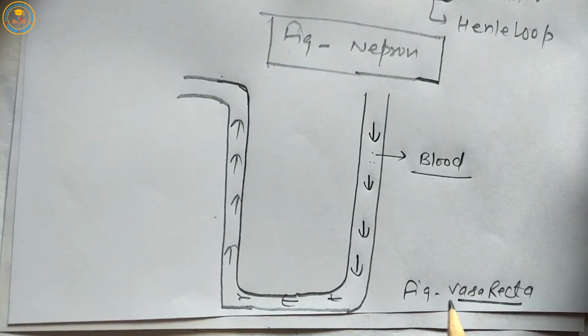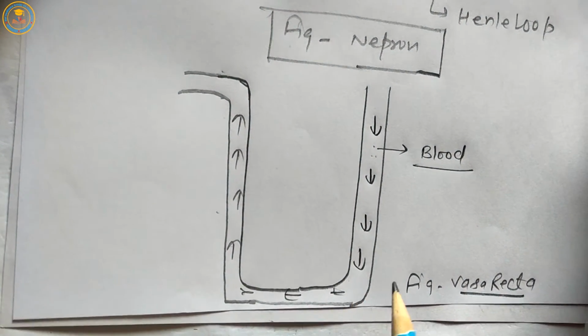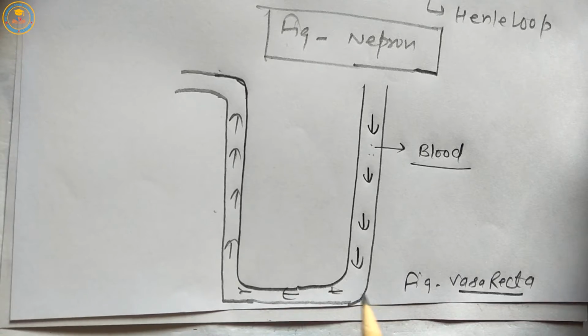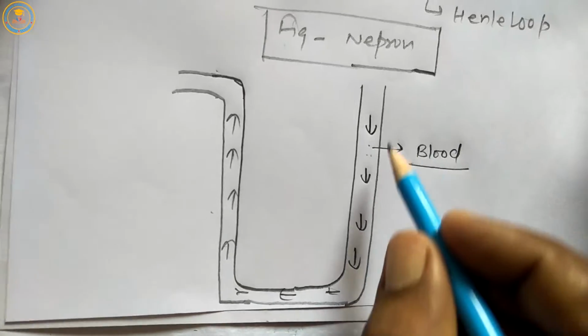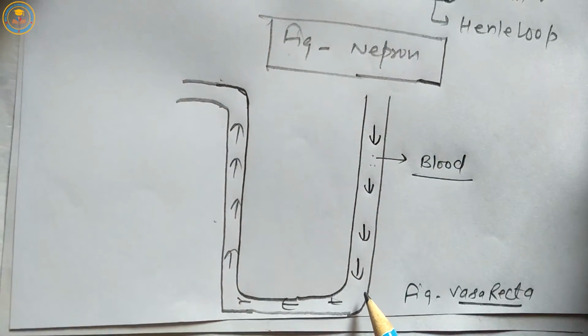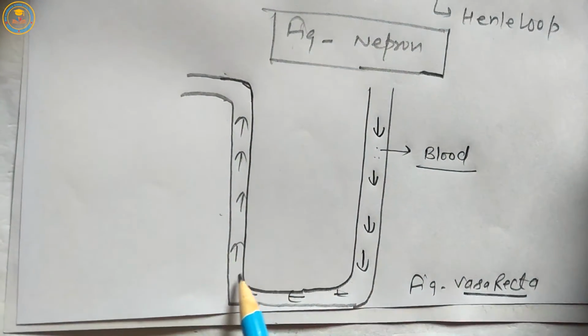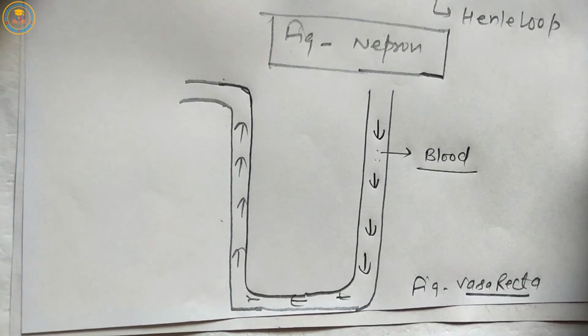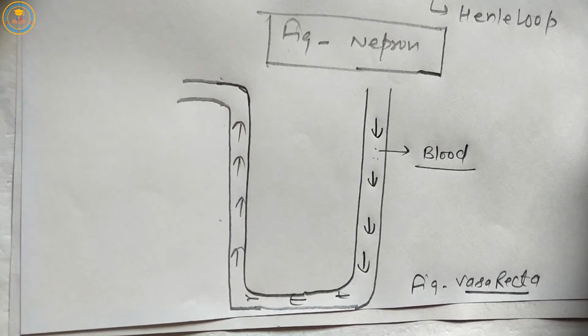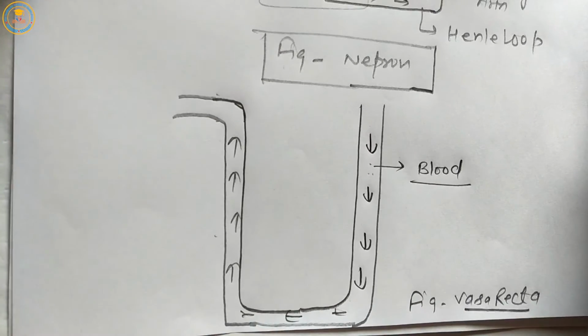It means in vasa recta the flow of pure blood in both arms is in opposite direction.